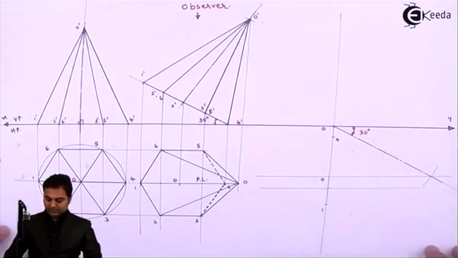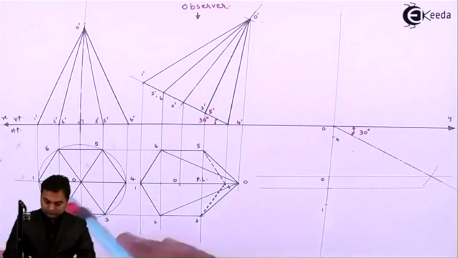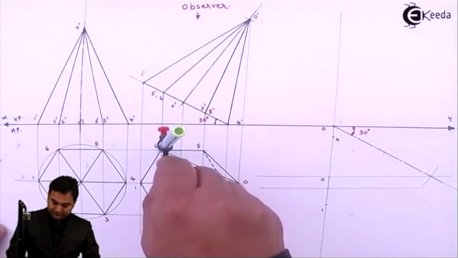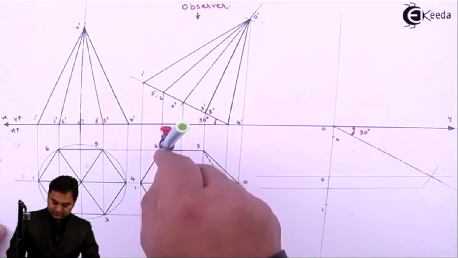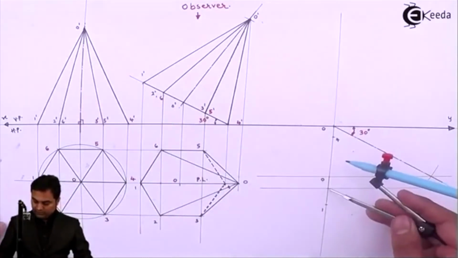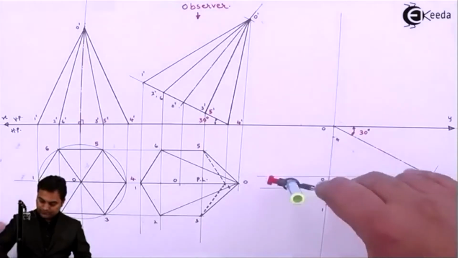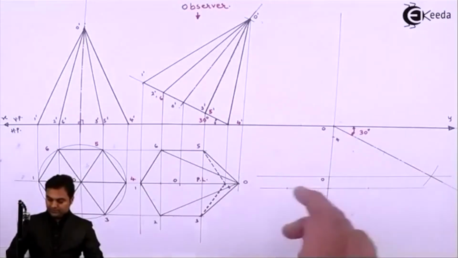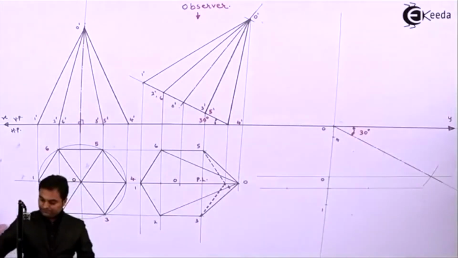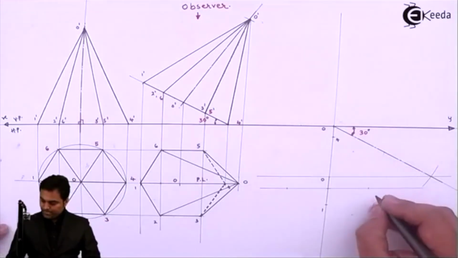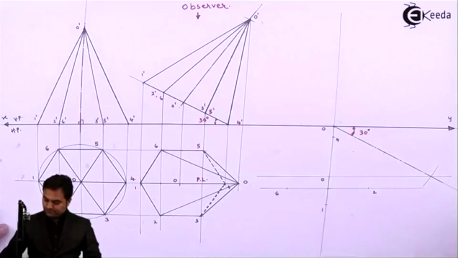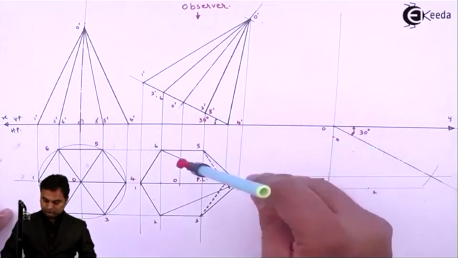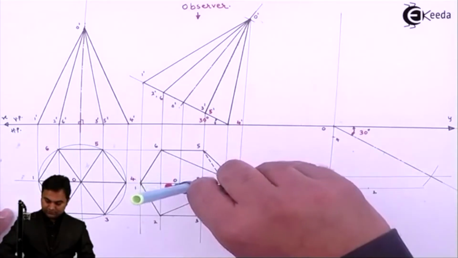Then measuring the distance from this horizontal line up to point 6, and the same will be the distance up to point 2, keeping it over this line which I have drawn now and marking the points here. So if it is shifted in this way, here I am going to get point 2 and this is point 6. Then for points 3 and 5, I'll measure the distance up to this vertical line.